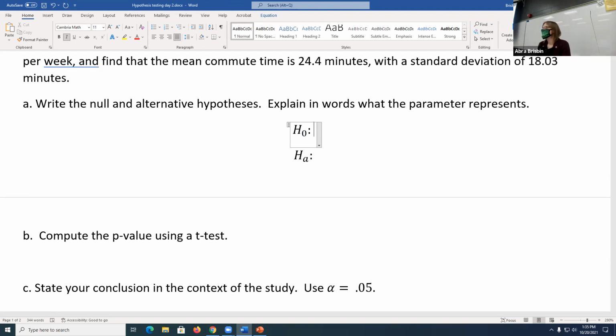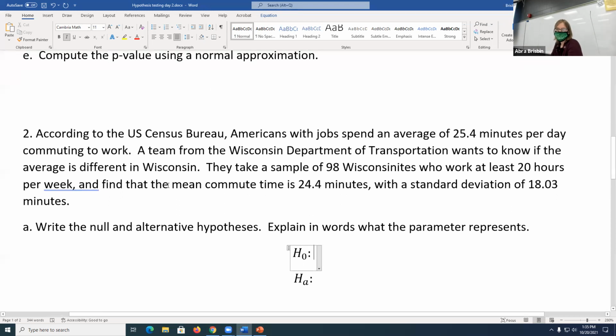All right. So because we're talking about a mean here, I would probably use the symbol mu to represent our parameter. So our null hypothesis can be that mu equals 25.4 minutes per day.